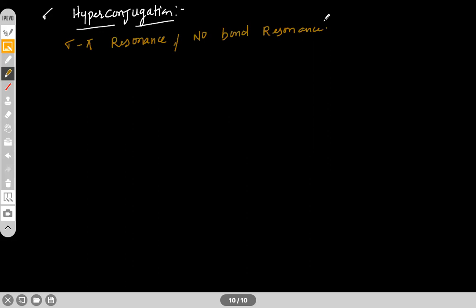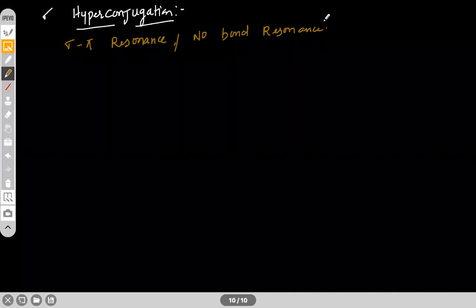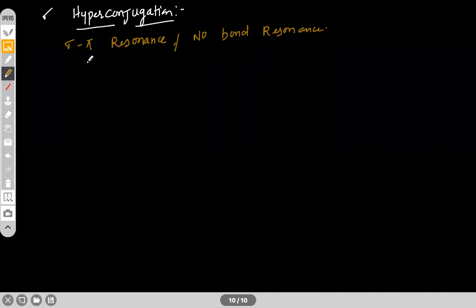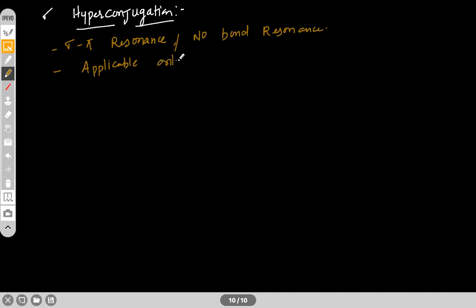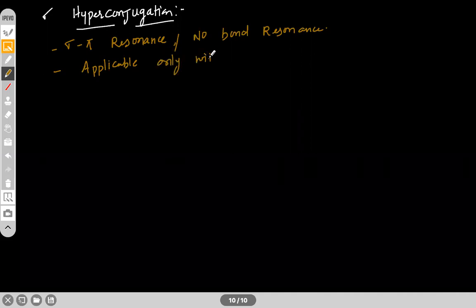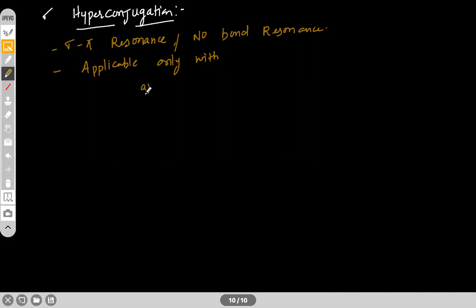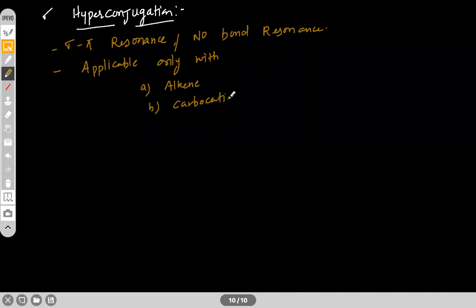Okay, what is hyperconjugation that we'll see? And this is applicable, write down, applicable only with alkene, carbocation, and free radical.